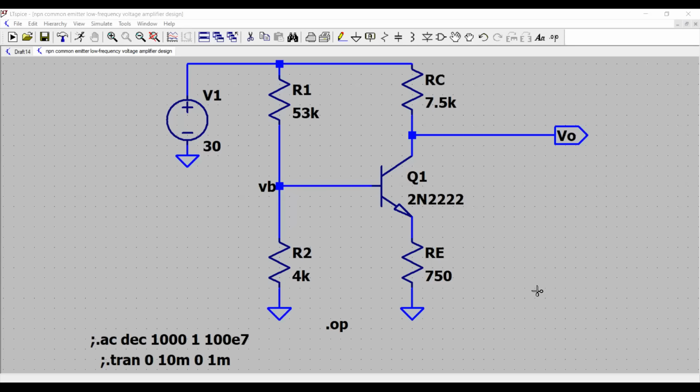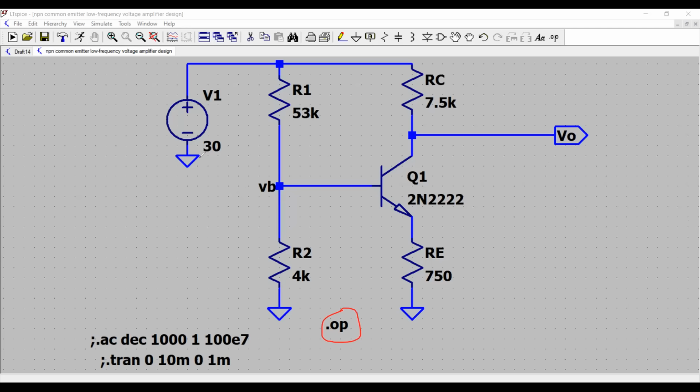So you now see that with all values set, we are going to run our first analysis, .op, and as I explained in the theory, you need to remove all the capacitances from the circuit, the load resistance is also taken out, and the input small signal AC source has also been removed, or in other words, it is set to 0.